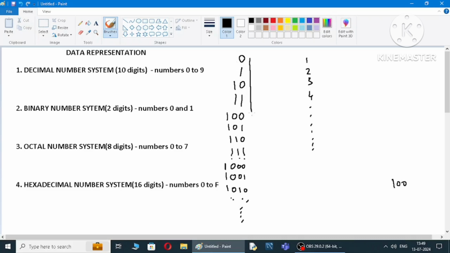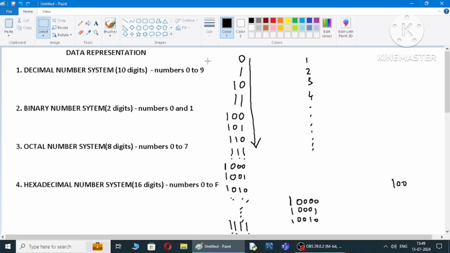Same way, this is how you proceed to write numbers in the binary number system. Right? So once you reach 4 ones, we reach the maximum in all the 4 digits, then we'll go for the fifth digit and fill the remaining numbers with zeros and proceed like this. This is how it proceeds in the binary number system.